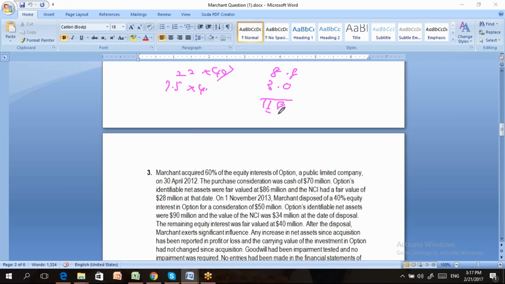Now we come to the second part, TCI. What have we got to do on the TCI? TCI was not 72, TCI was only 69.8. Again, we have to look at the entire total comprehensive income and see how much belongs to the NCI, and the balancing part belongs to the parent.